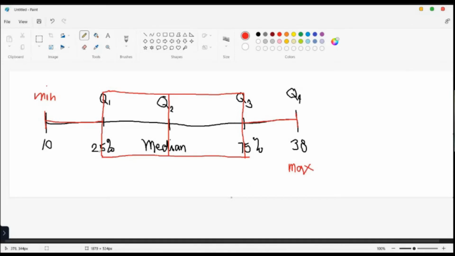So we have now your box and whisker plot. You need to identify 4 or 5 measures: the minimum, the first quartile, the median, the third quartile, and the maximum. We call this the 5-number summary.